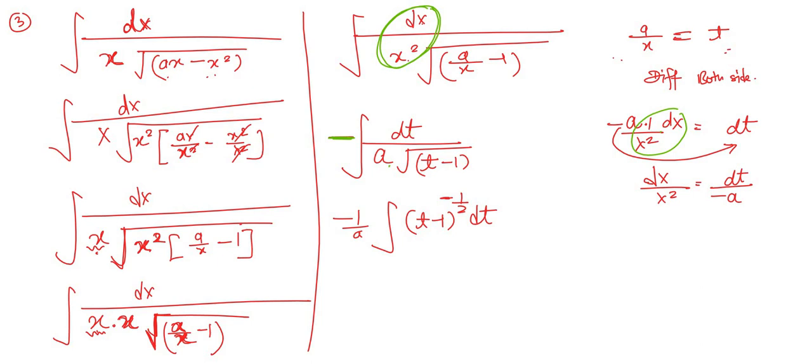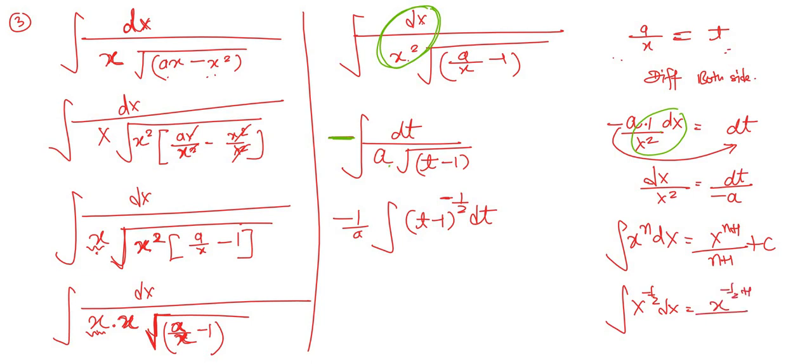Minus half. So what is the formula for integration of x to the n? X raised to power n plus 1 by n plus 1 plus c. This is the formula. So what will power minus half become? x raised to power minus half plus 1 by minus half plus 1 plus c.